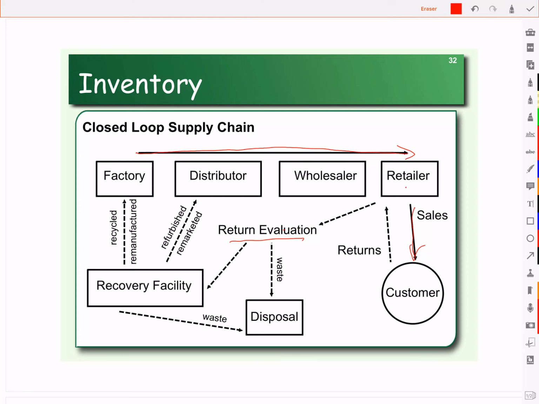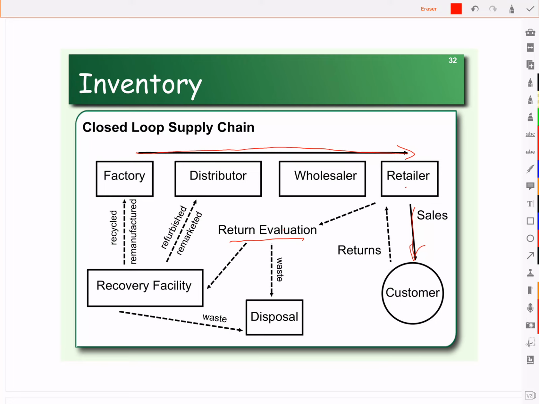So this is where the retailer is acting as the gatekeeper to determine what the appropriate use of this product is. When they do the return evaluation, some things become waste and have to be disposed of. Others go to a recovery facility, which will then take care of that product.